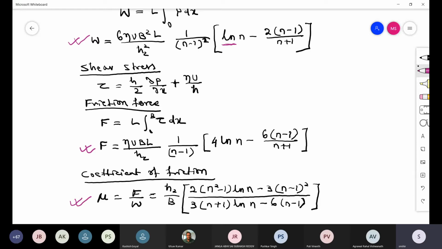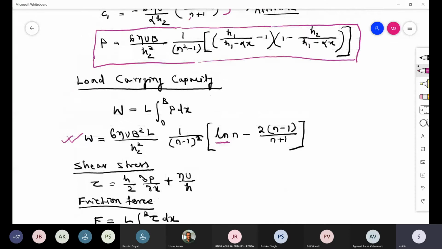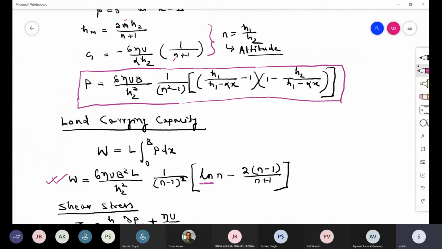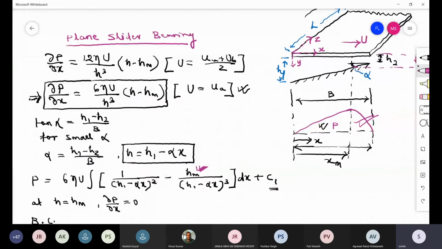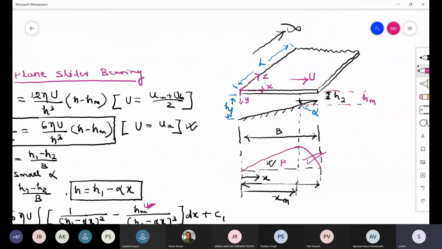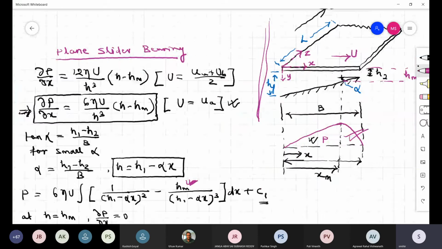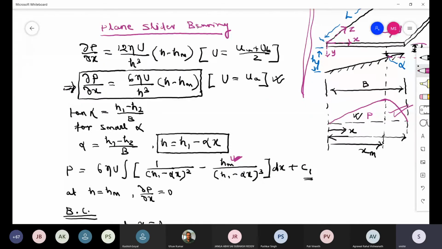So once you find the pressure profile, let me repeat the process again. First, the geometry of the bearing, whatever geometry you are taking. From the geometry of the bearing, you find the expression for the film thickness or gap. Use that expression in Reynolds equation.